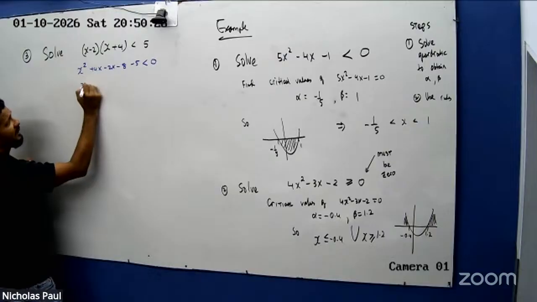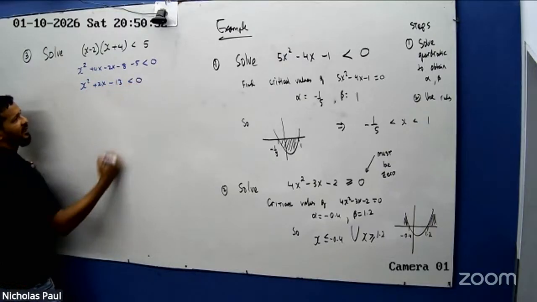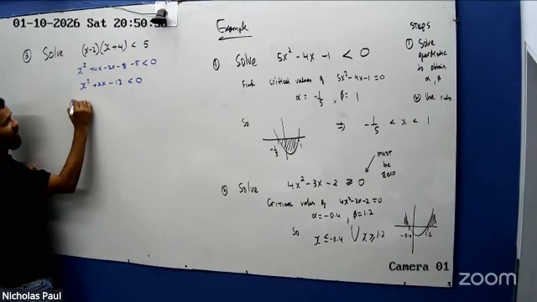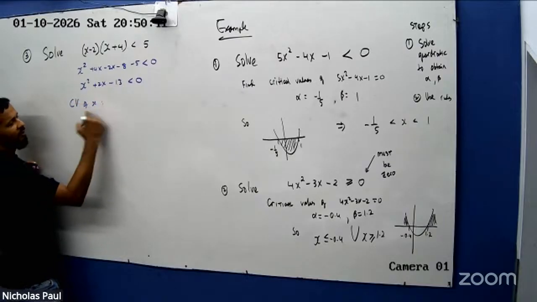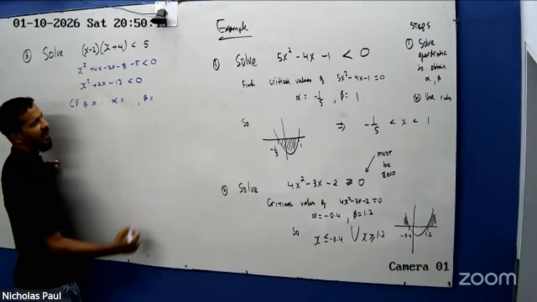So you're getting x squared plus 2x minus 13 is less than 0. Then you find the critical values of x: alpha is the smaller value, beta is the bigger value.